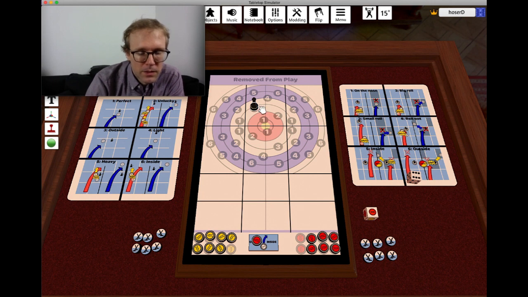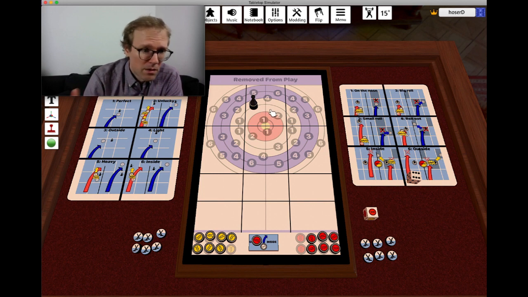Red throws a regular weight shot. The best he can hope for is to remove the bottom stone, right? Because as long as these stones are stacked, the top stone can't be touched. Now maybe that's helpful. Maybe red has another stone and can afford to take a second shot later on. That's a bit unusual. But if red wants to get rid of that top stone in one shot, the only way to do it is to play peel weight.